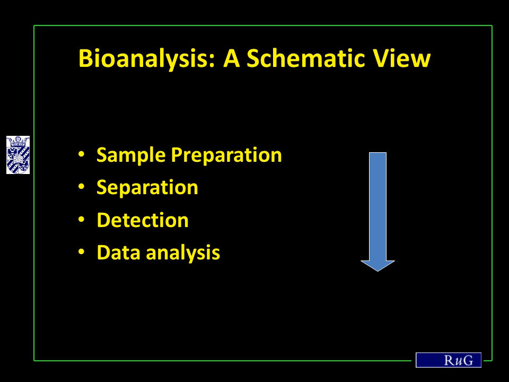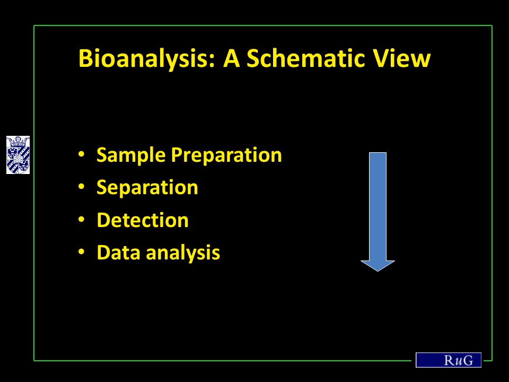Developing a bioanalytical method starts with the sample preparation. You take a sample, for example a blood sample, and this sample must be prepared to be suitable for the subsequent analytical method. The second step is mostly a separation step, where you try to enrich and separate your molecule of interest from the so-called matrix components.